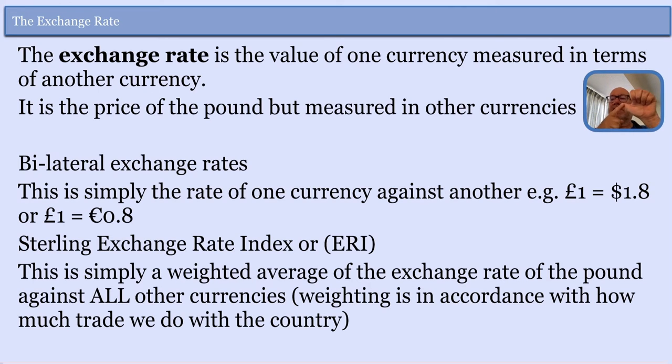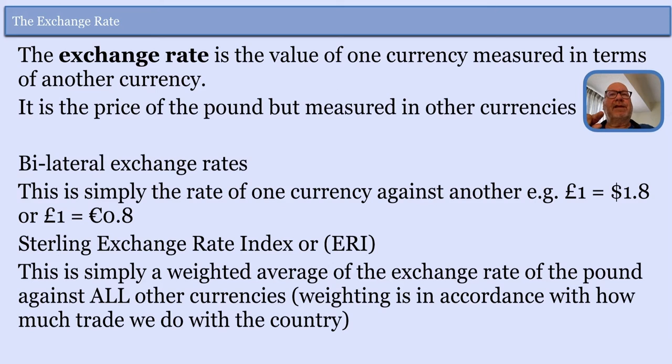So it's the pound against the dollar, pound against the euro, pound against the yen, and what is happening to it in terms of it going up or down. But it's not a simple average. It's not just take the average of all those numbers. It's a weighted average, and it's weighted in accordance with how much trade we do with the other country.